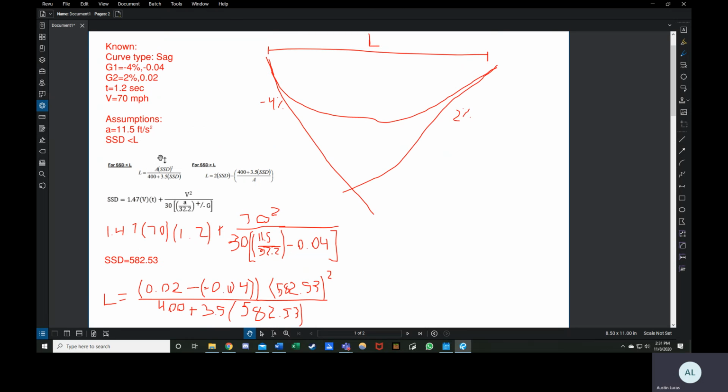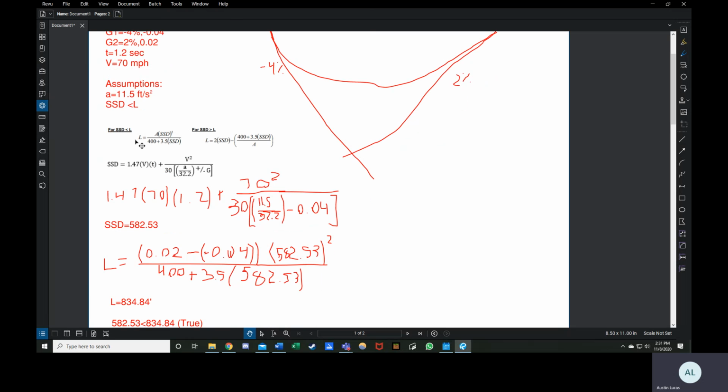All we need is these two. So for our sag curve, we can either assume that SSD is going to be less than L, or SSD is going to be greater than L. For this problem, I am assuming less than L for the first trial.